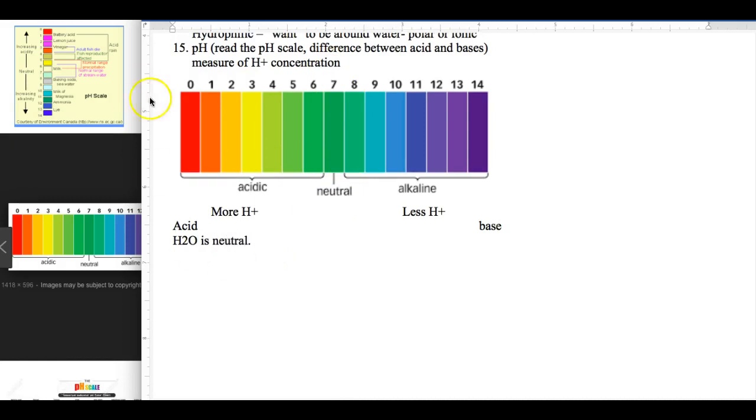If I were to ask you, comparing pH 0 to pH 4, which one is more acidic? pH 0 is going to be more acidic because on this end you have more hydrogen. So very acidic, middle-ish acidic, very weak acid. You have neutral, weak base, middle base, and then strong base.